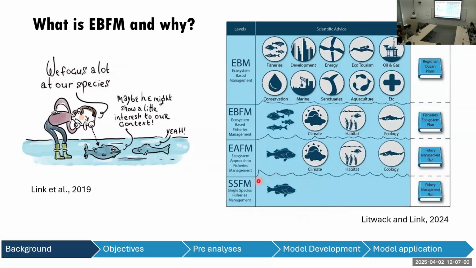But then we figured out that this is not enough, because this population size is also influenced by other species' population sizes, like their prey and predator, and by the environment that they live in. Therefore, the concept of EBFM was proposed, for which we pay attention to multiple species as well as the environment that the species live in.